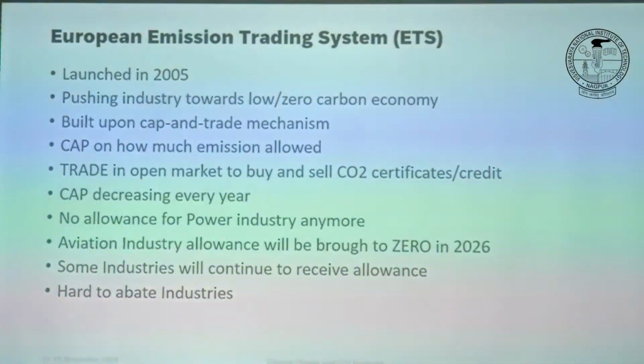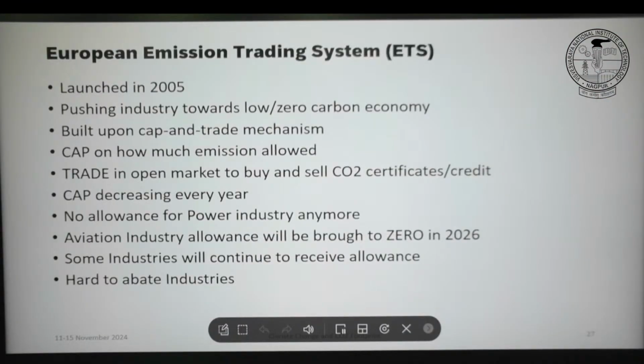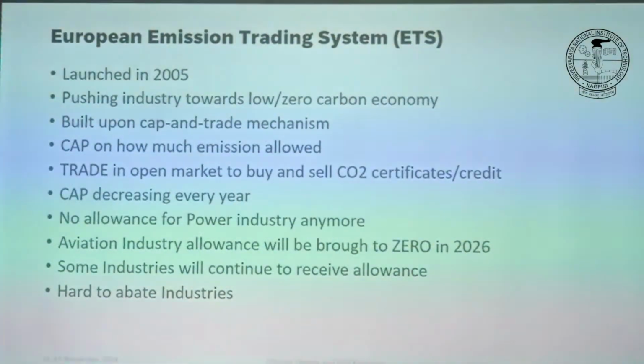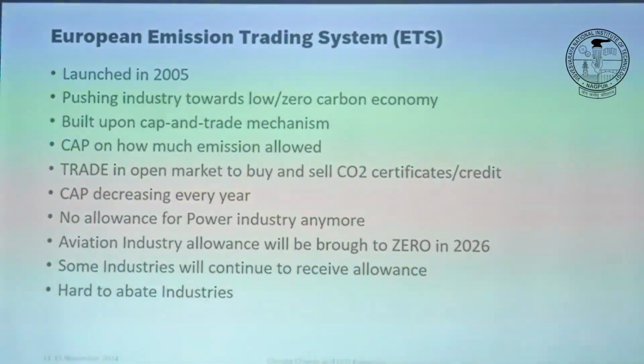But let's say there are two companies in Europe. A is doing nothing and B is investing heavily in carbon capture. They had an allowance of X tons, but now B is emitting only X minus 5. So they can take these certificates, or this allowance, and sell it to somebody else. Somebody might decide, I'm not in the mood to invest in carbon capture, I'll just buy the certificates.